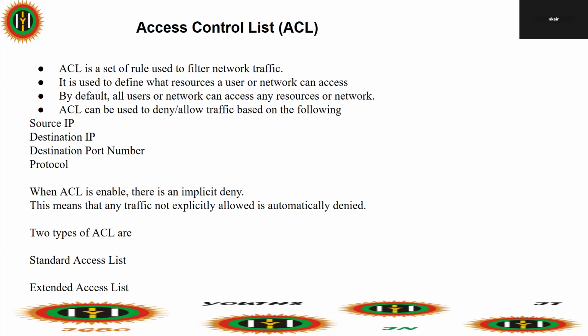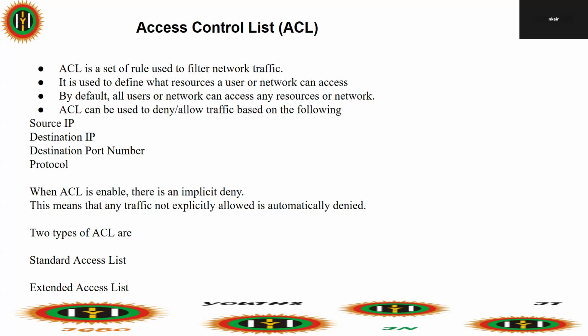It will act based on what you specified, which may be the source, the destination, source port, destination port, or protocols. Any of these can be used to set the granularity of your policy to allow or deny traffic.